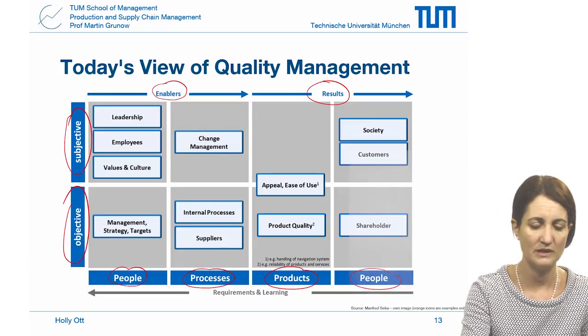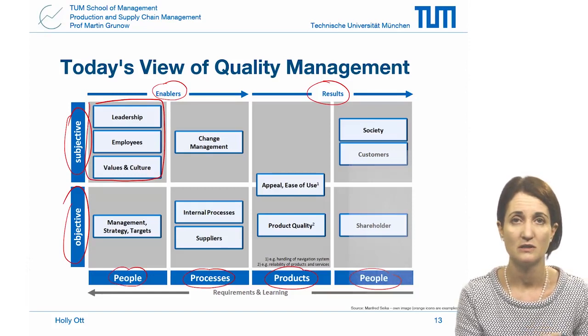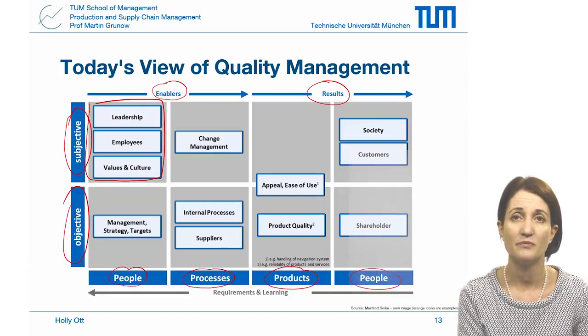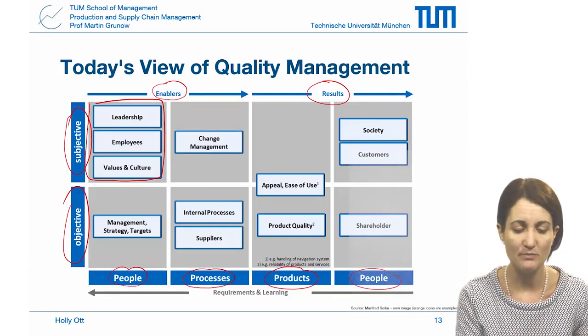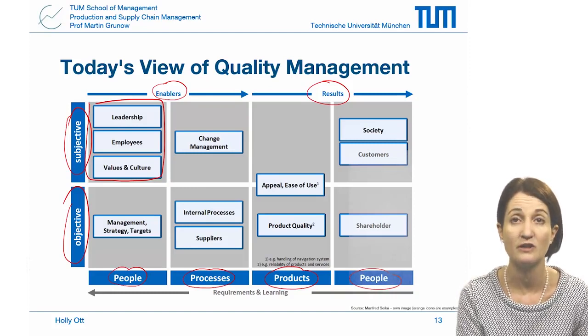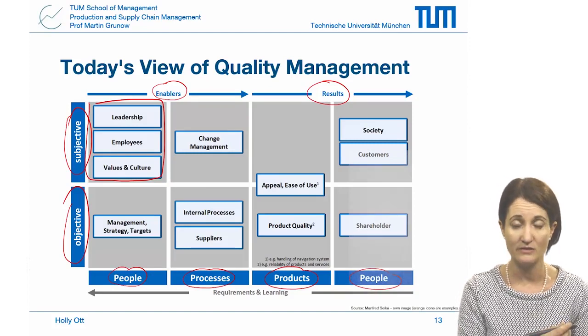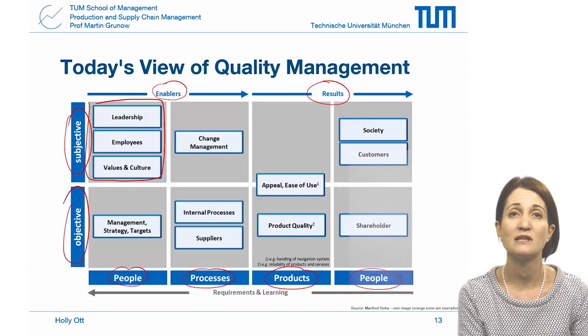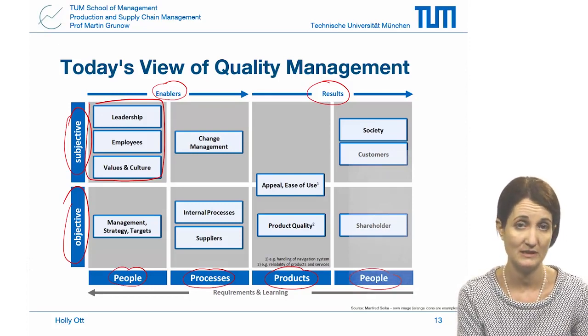And so if you look here in this upper corner, you start with, in order to have quality management, you need leadership. You need employees and a culture in the company and values in the company that are dedicated to quality. These are subjective ideas that support the objective of producing quality products through quality processes.